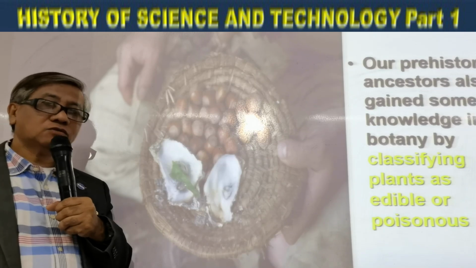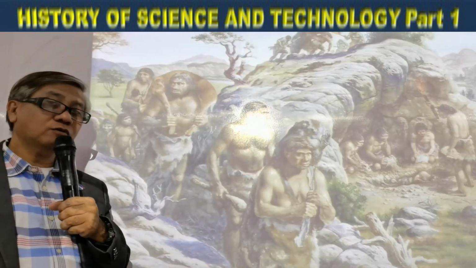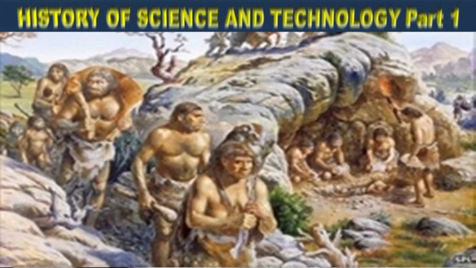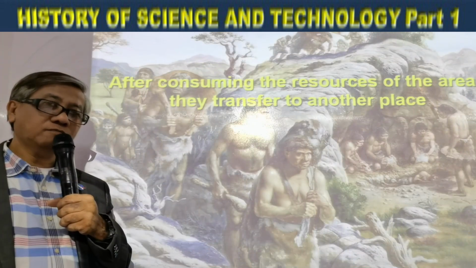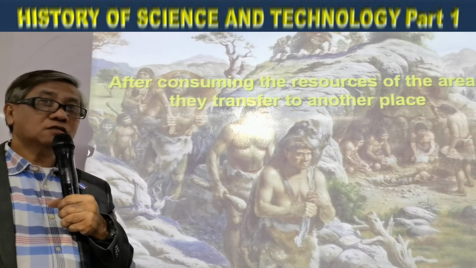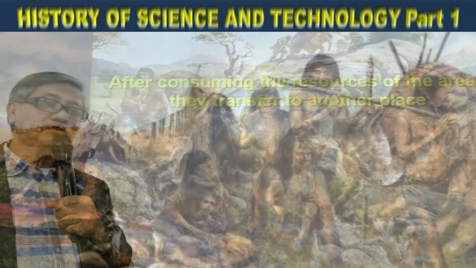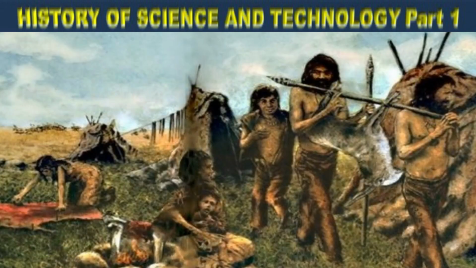And our prehistoric ancestors, after consuming the resources of the area, or after consuming all the plants and hunting most of the animals, would transfer to another place. So that means that our ancestors during the Paleolithic age exhibited a nomadic lifestyle.